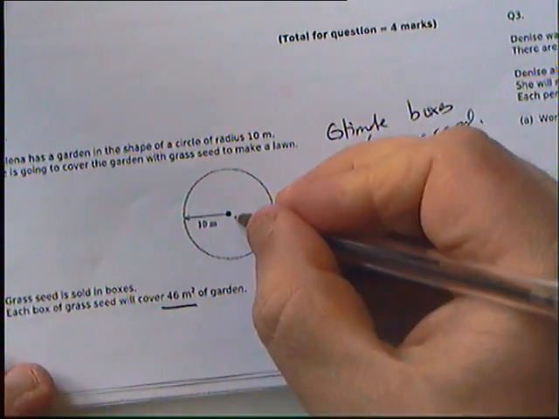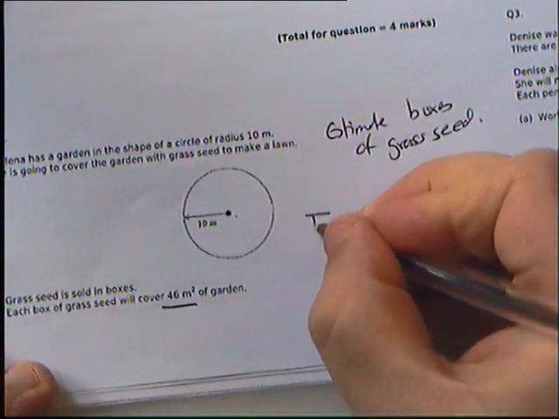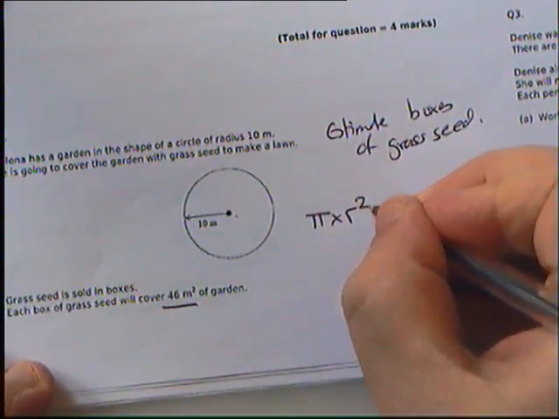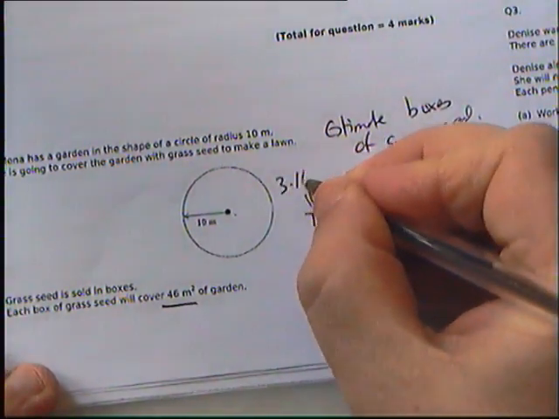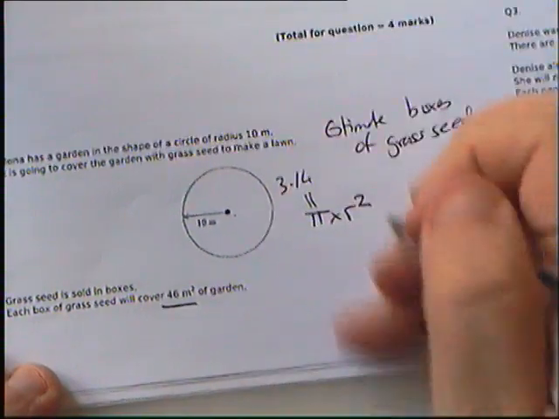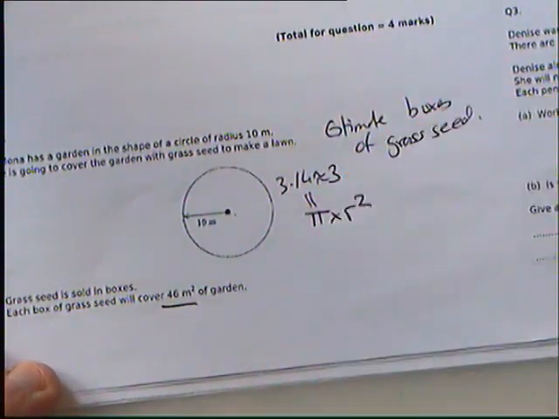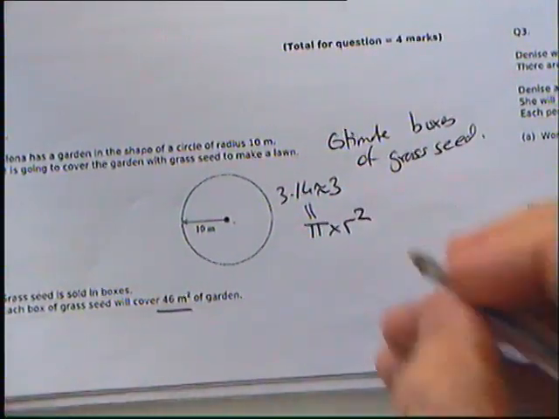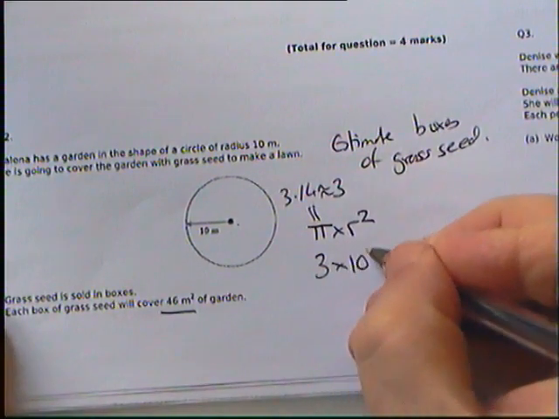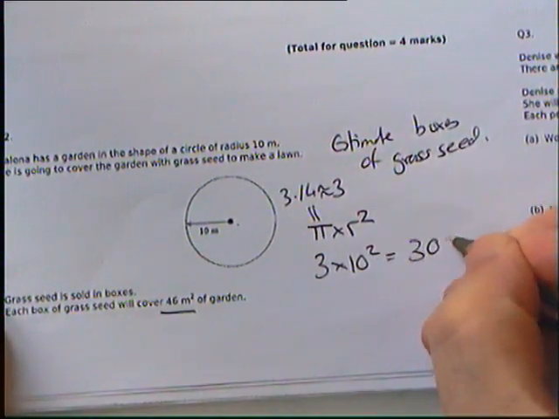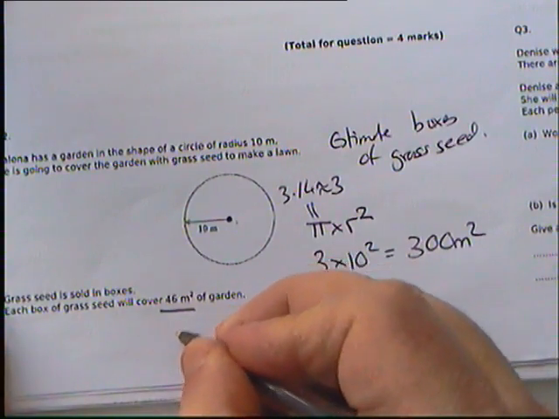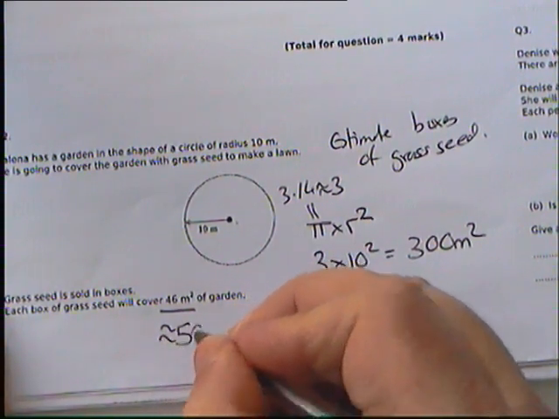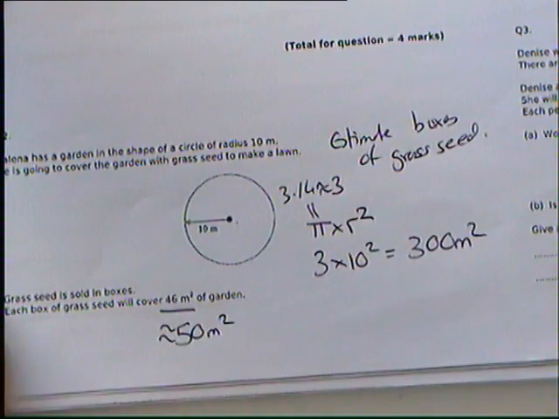So what we've got is we're going to have to work out the area, which is pi times r squared. Now pi equals 3.14, which is about 3. So I'm going to assume pi is 3 for this. So I've got 3 times 10 squared, which is 300 meters squared of garden. Now I'm going to say that each box covers approximately 50 meters squared of garden.